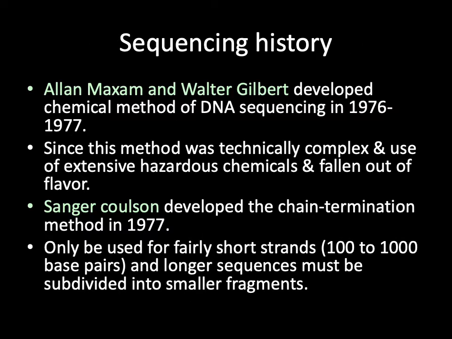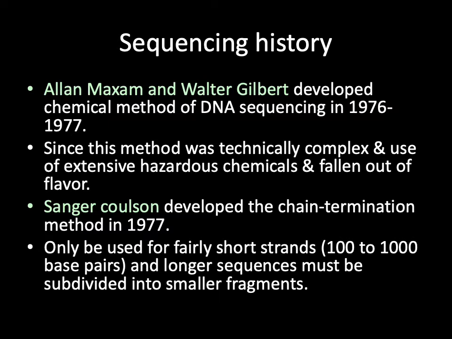This is a snapshot of the sequencing history. Allan Maxam and Walter Gilbert developed the chemical method that we know as DNA sequencing between 1976 and 1977. Since this method was technically complex and used extensive hazardous chemicals, it fell out of favour.